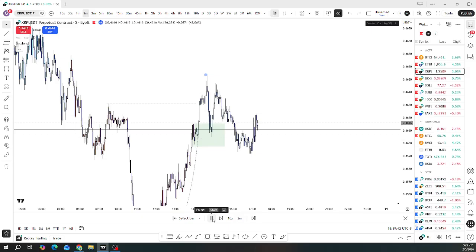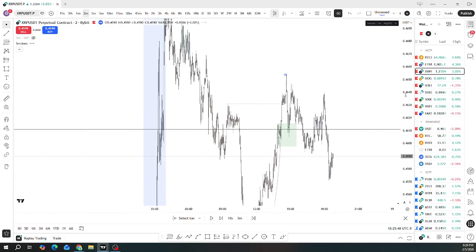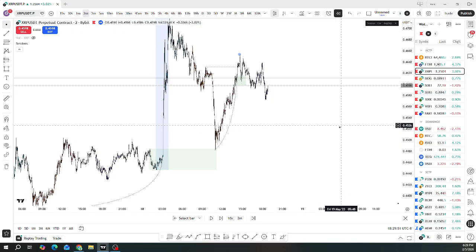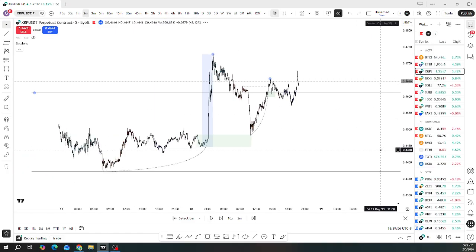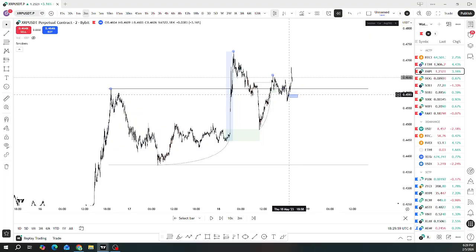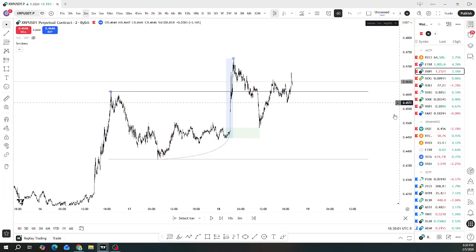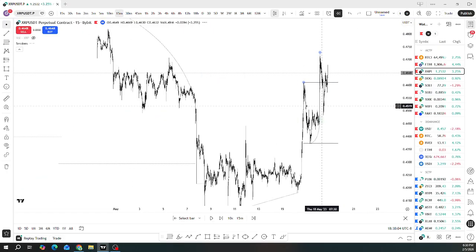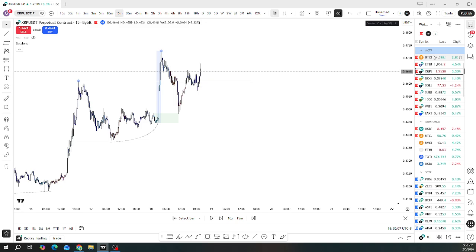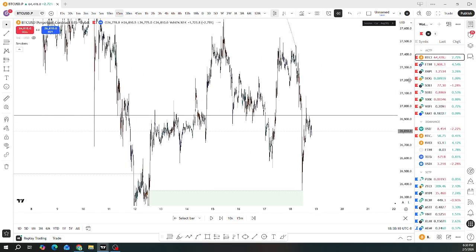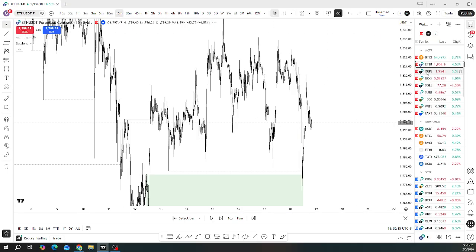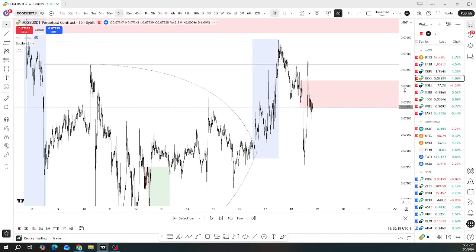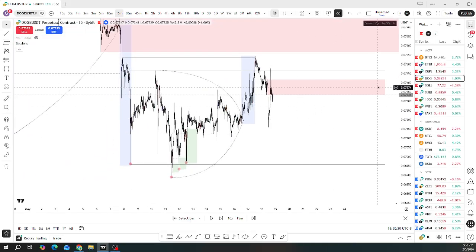Maybe it just wants to correct hard from here. Doge spike back up.